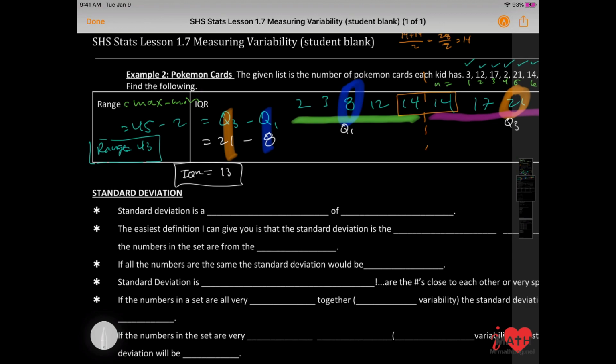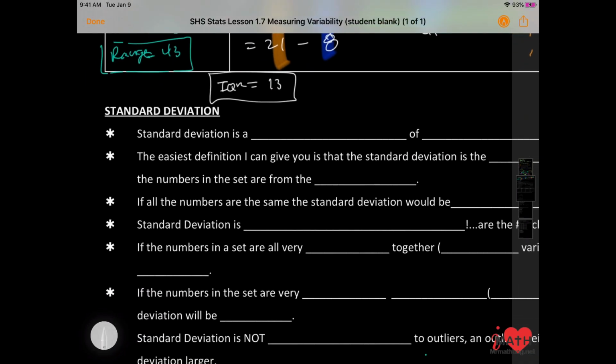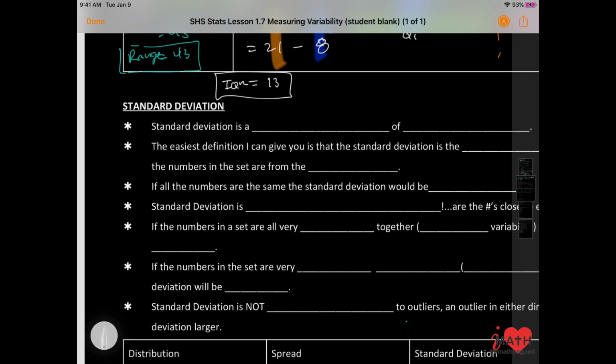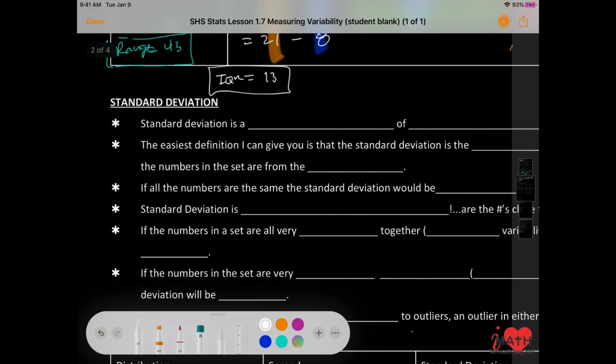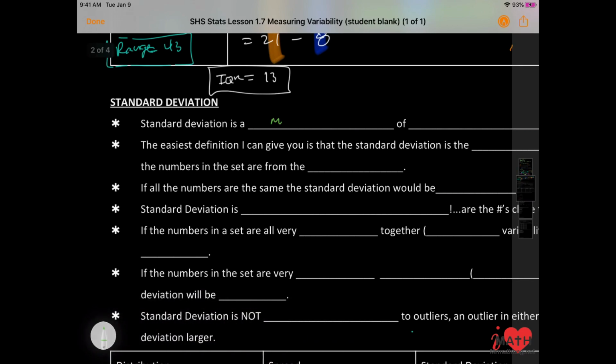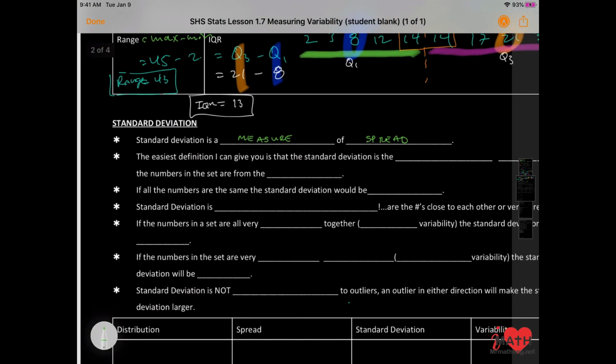Okay. Let's move on to a more complex idea of variability. And this is the word standard deviation. All right, let's go over what standard deviation is. Standard deviation is a measure of spread. And if you guys remember from before, my example is what? Toast.